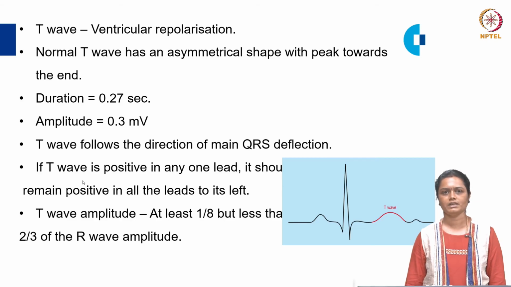For example, if the T wave is positive in lead V2, then it must be positive in the subsequent leads from V3 to V6. And the third point is that the amplitude of the T wave should be at least 1/8 and not more than 2/3 of the R wave amplitude.